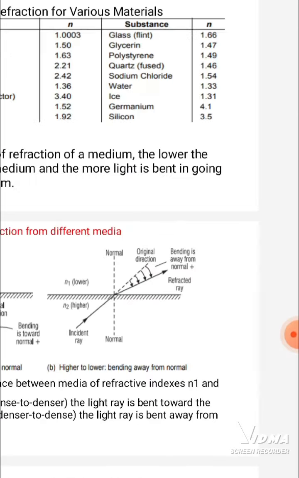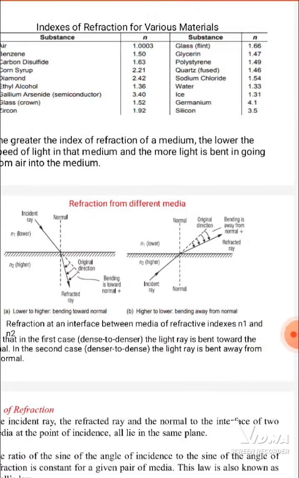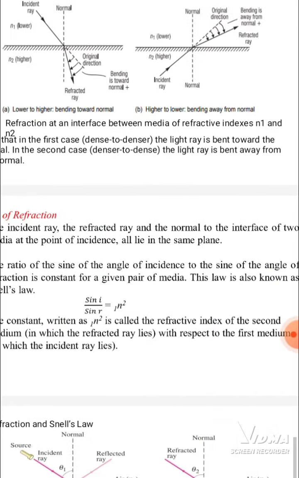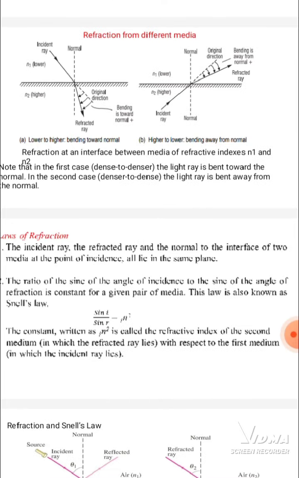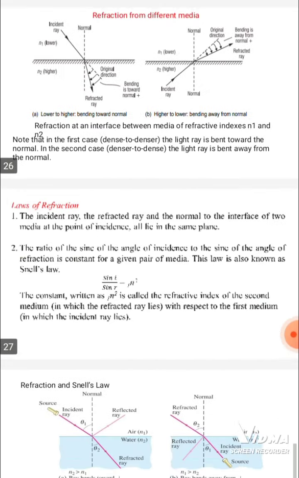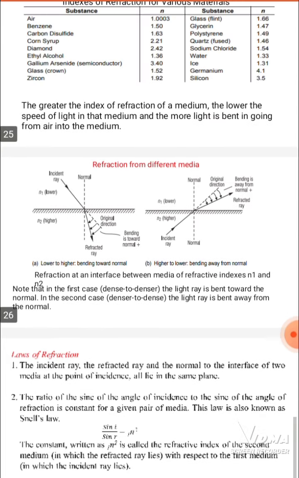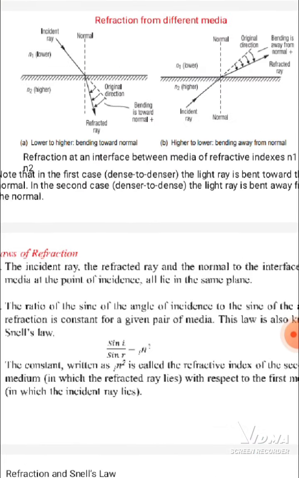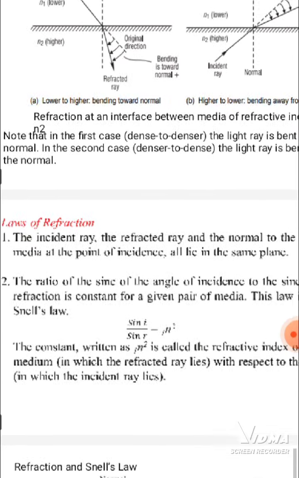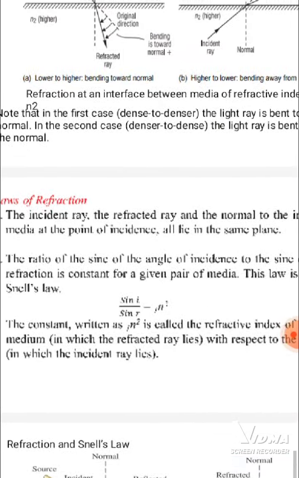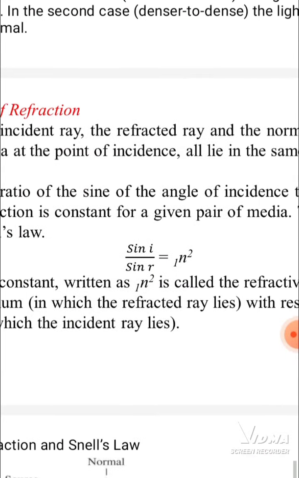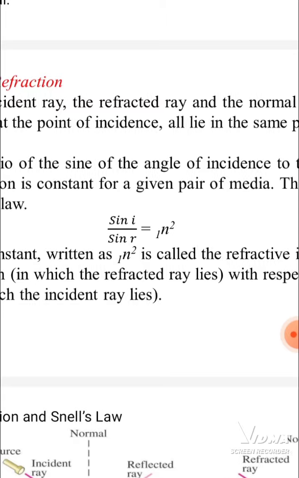Refraction also has its own laws, similar to those of reflection. Refraction has two laws. The first one: the incident ray, the refracted ray, and the normal at the point of incidence all lie in the same plane. The second law, also known as Snell's law, states that the ratio of the sine of the angle of incidence to the sine of the angle of refraction is a constant.